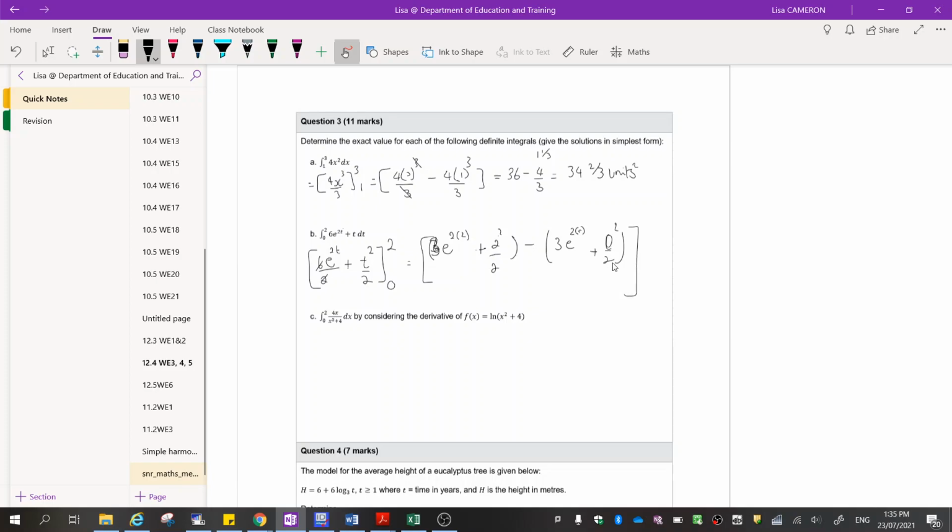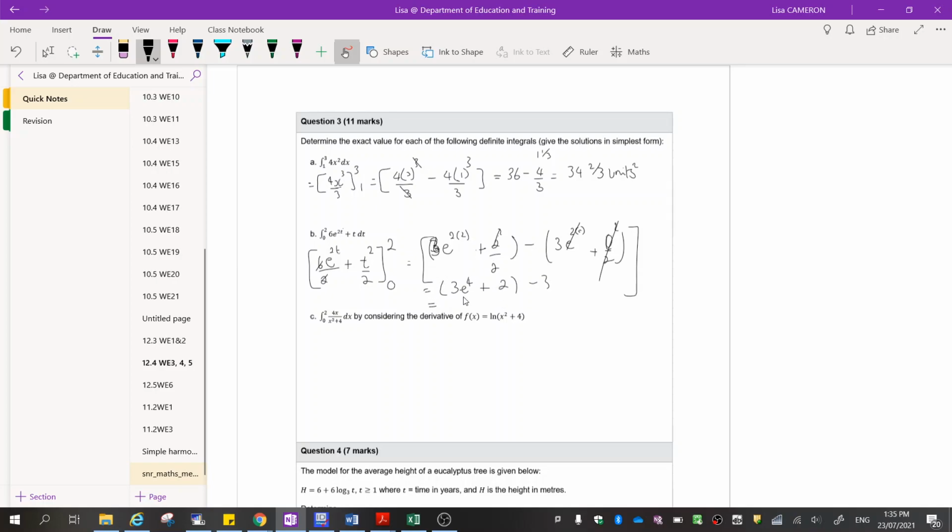So now that I've got this, I can start simplifying. That will become 0, that becomes 1, so the end of this is just minus 3. This here will become 4, 4 divided by 2 is 2. And the front of it is going to be left with like that.